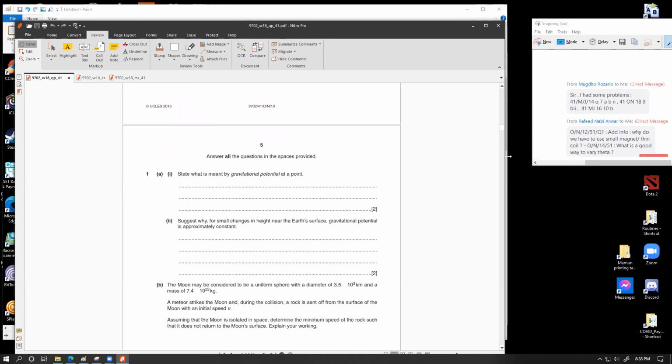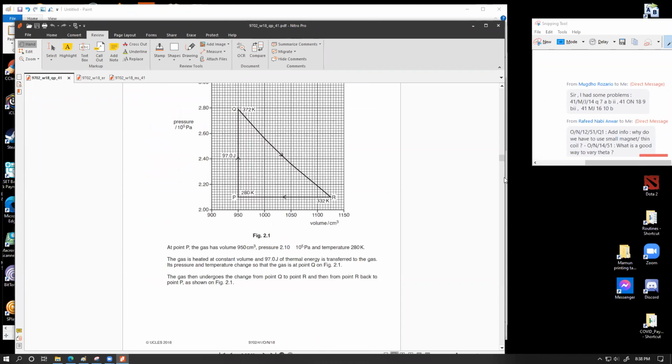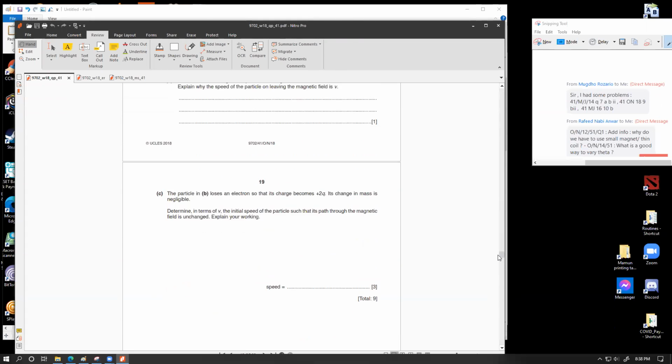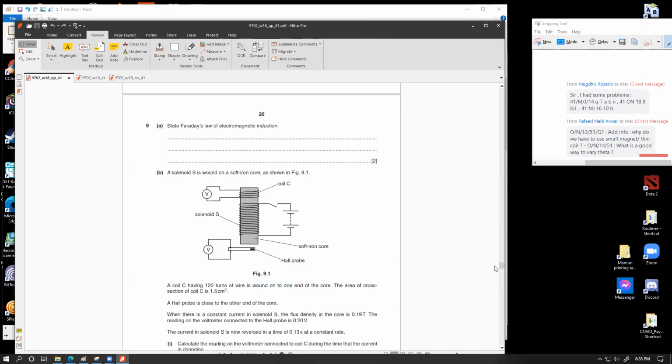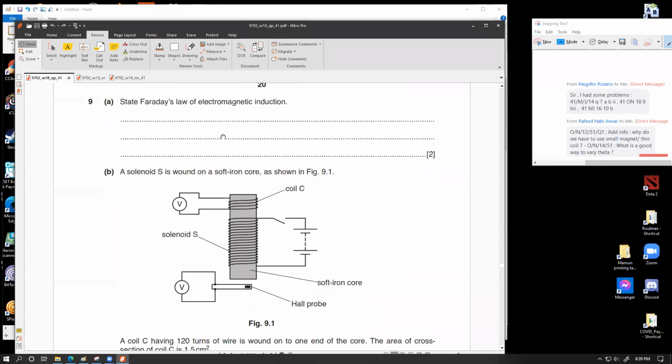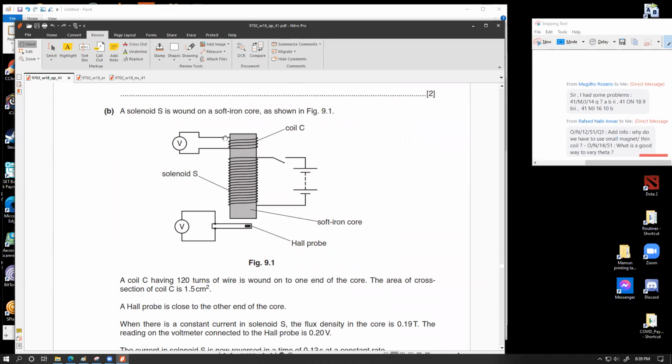Okay, the question that you've given me is for 18 41, question number 9b2. Question number 9 says Faraday's law of electromagnetic induction. A solenoid S is wound on a soft iron core as shown in figure 9.1. Okay, what do we have here? We have a coil C with a voltmeter.